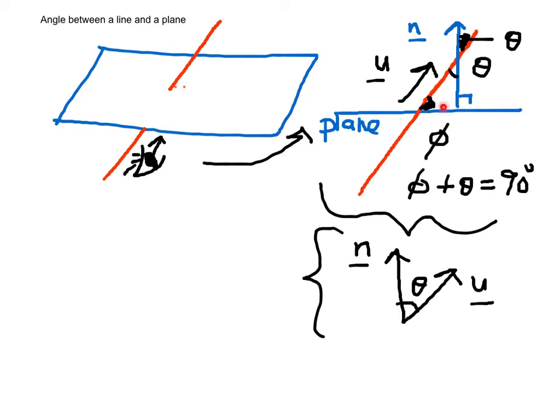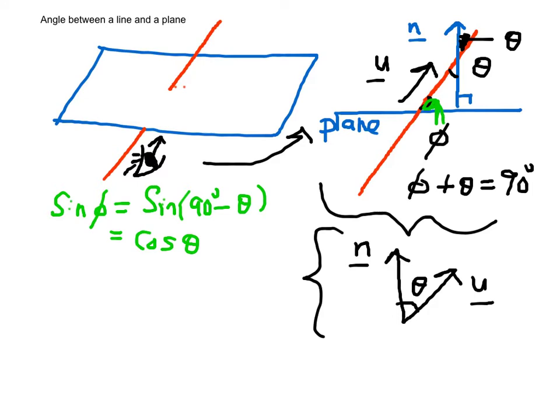So the sine of this angle phi, recall that this is angle phi right here, so sine phi. Now sine phi is actually sine of 90 degrees minus theta, but because of course they're complementary, this means this is cosine theta.